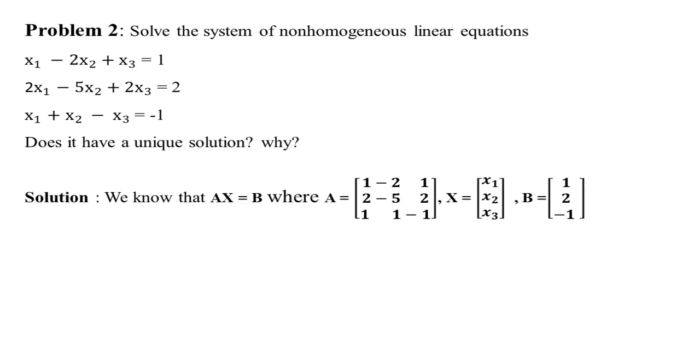Also x means the column matrix x1 x2 x3 of unknowns and B is the constant matrix 1 2 minus 1, obtained from here. This is the matrix of constants.